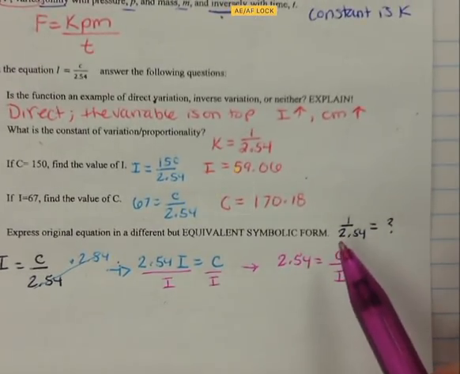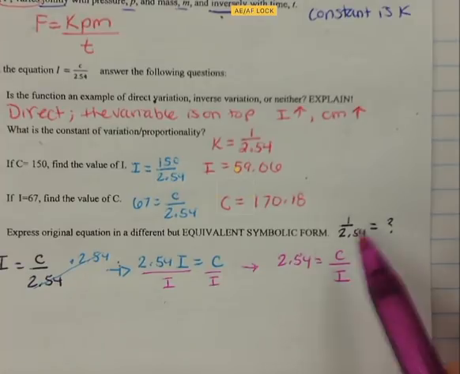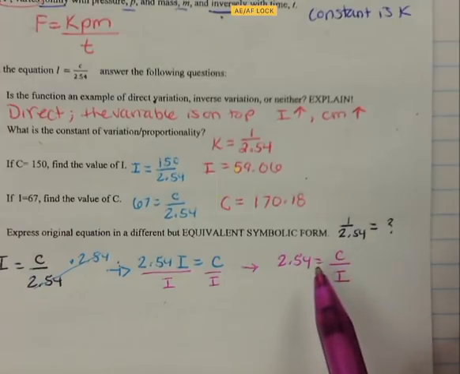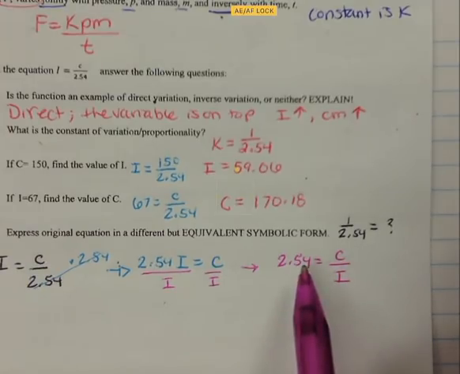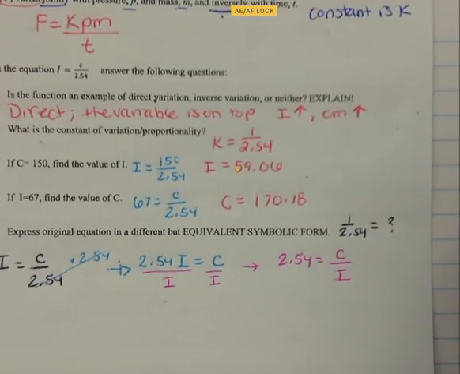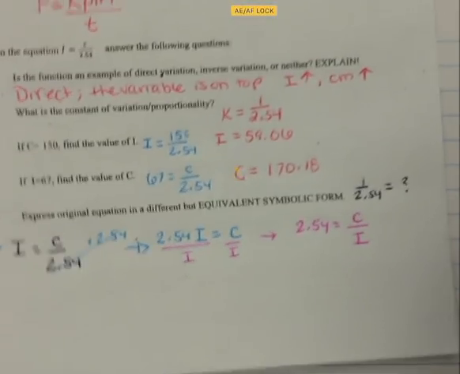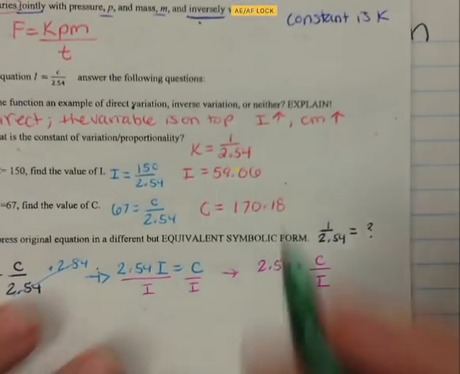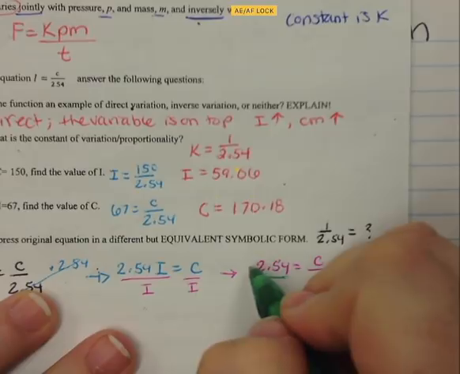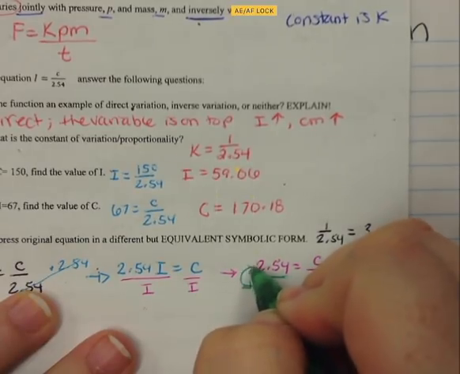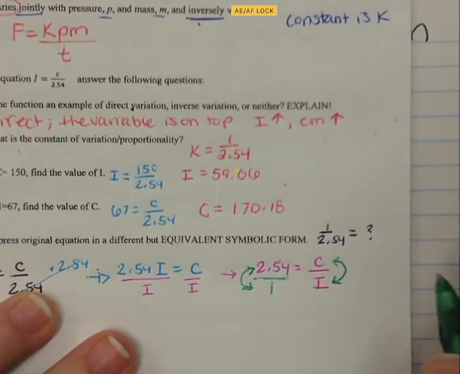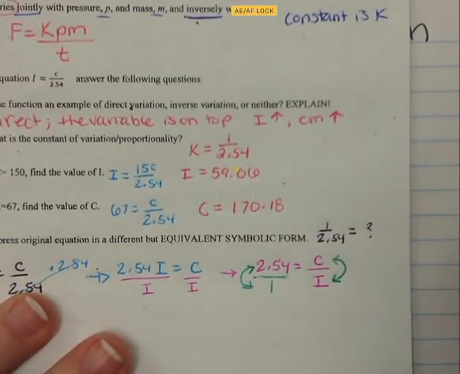Now we're almost there. We need to make the 2 and 54 hundredths be under 1. So if I do this same thing to both sides, as long as I manipulate the problem and not change the value of it, I'll be okay. So in order for me to get the 1 over 2 and 54 hundredths, because it's technically over 1 right now, if I were to flip these, and as long as I flip these as well, do the reciprocals of those, then I'll keep it the same value.